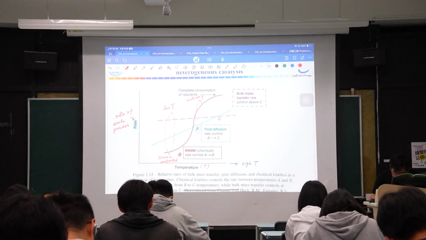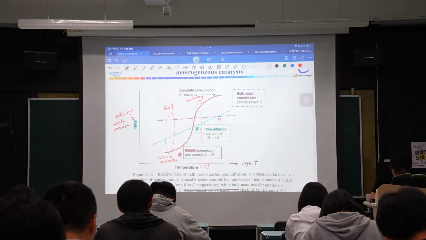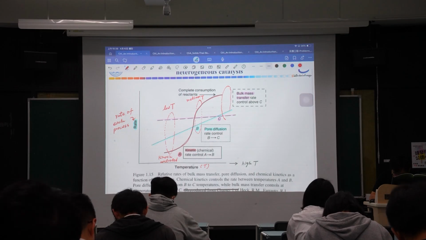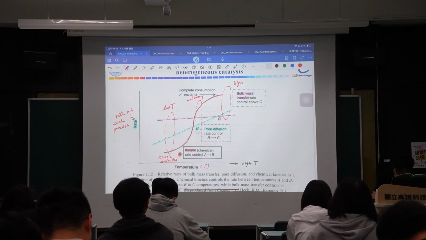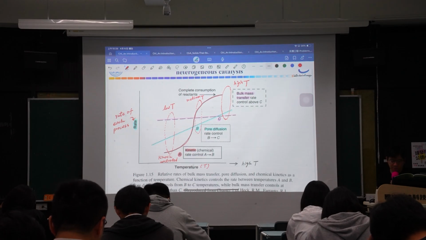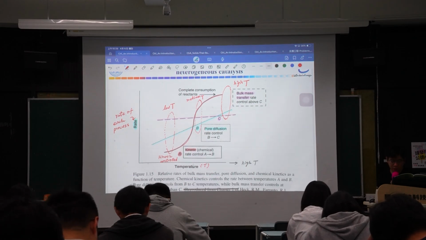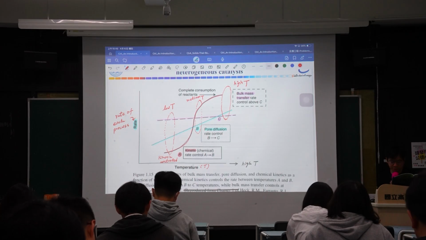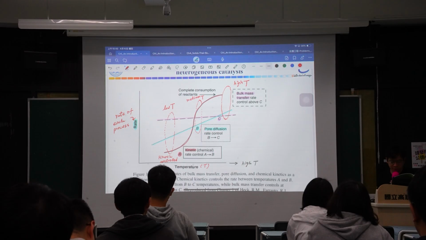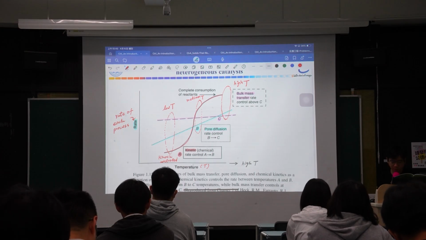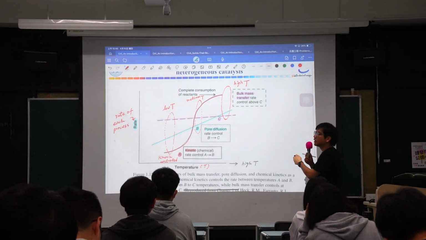If the temperature goes up, you will come to this region, the higher temperature region. In the high T region, which one is the lowest?